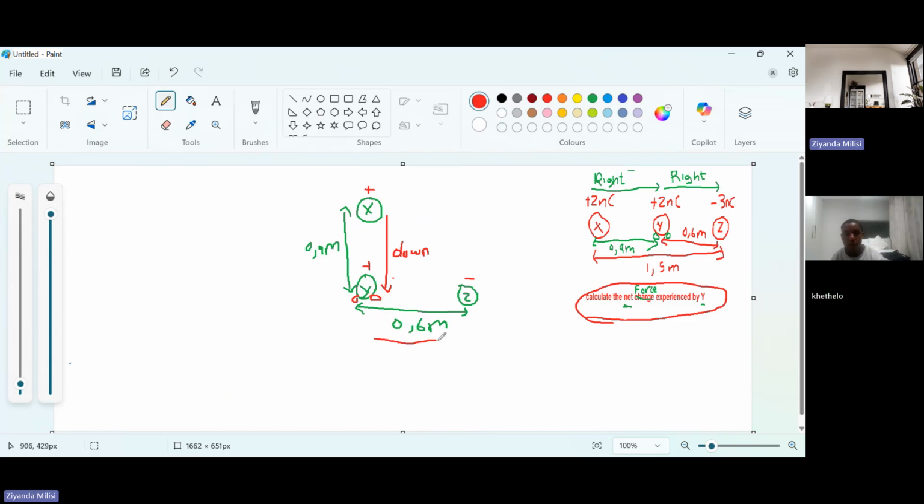So Z is still going to attract Y to the right. We already know the values. Now, the force by X on Y, what is the value?